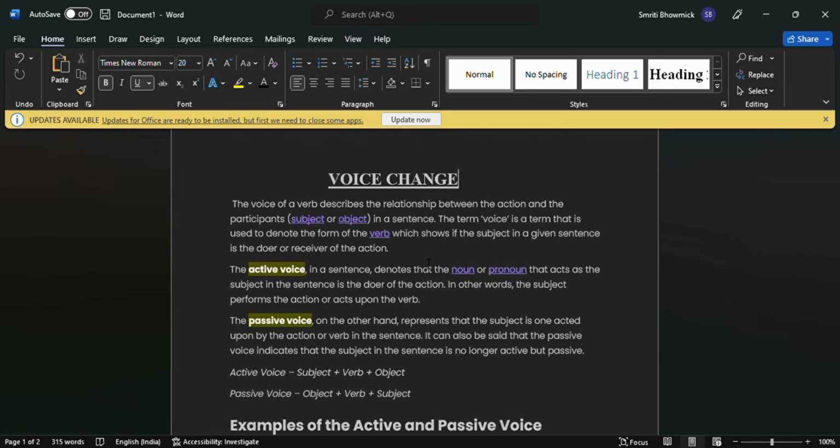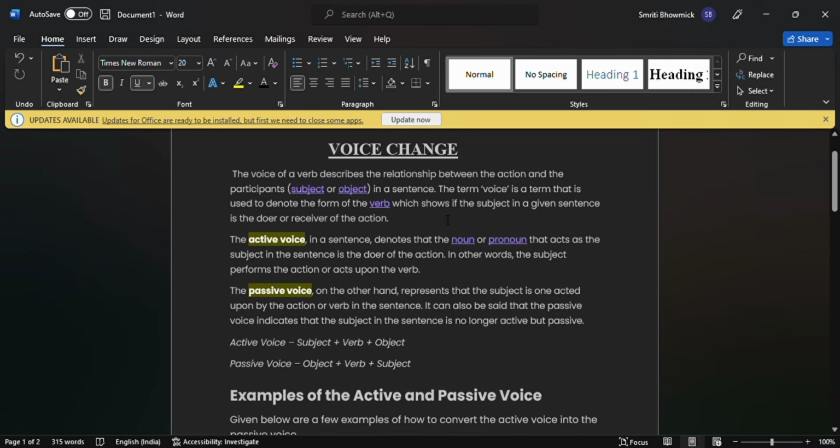And the passive voice represents that the subject is the one acted upon by the action or verb in the sentence.